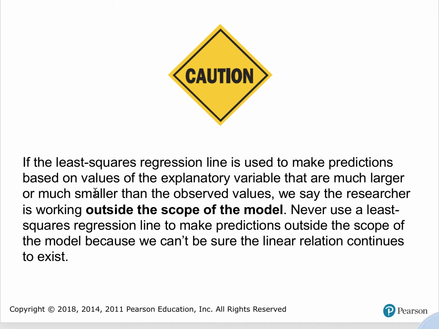If 0 is not an observed value, you'd be outside the scope of the model anyhow, or near 0. Never use a least squares regression line to make predictions outside the scope of the model, because we cannot be sure the linear relation continues to exist outside the scope of the model.